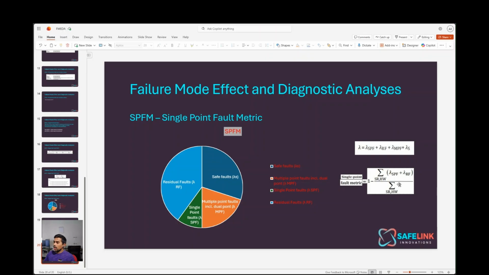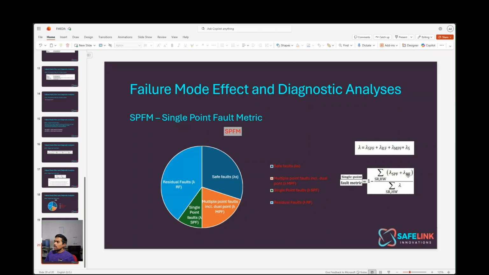So this is not a good strategy to try to increase the lambda. Instead, what we need to do is to decrease this value. What this means is we have some single point failures which do not have safety mechanisms. We need to reduce that. We need to add some safety mechanisms for some of these single point failures.